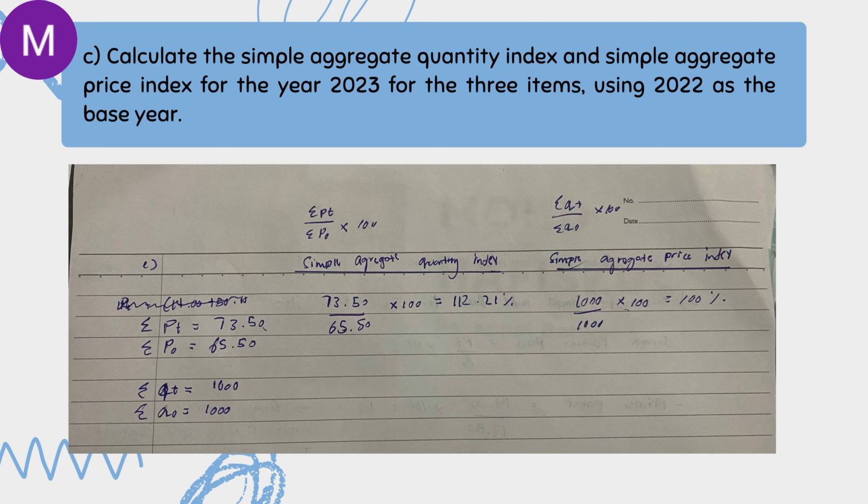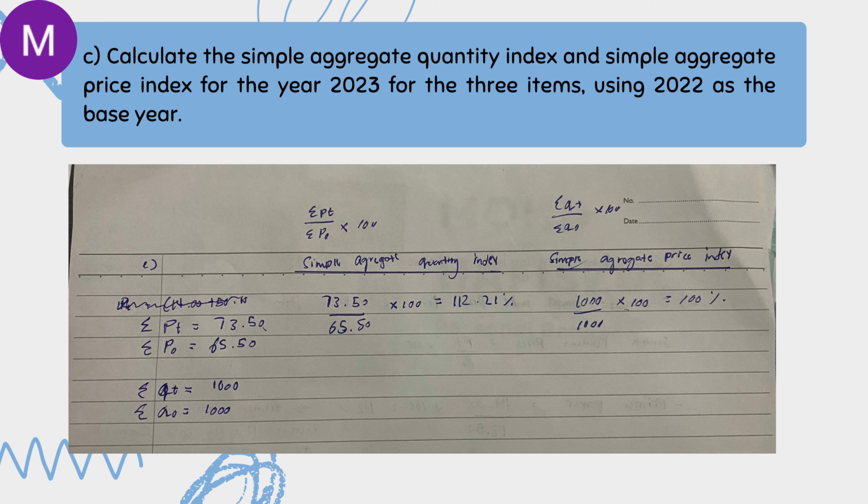Question C. Calculate the simple aggregate quantity index and simple aggregate price index for the year 2023 for the three items using 2022 as the base year. To calculate the simple aggregate price index, we need to total up all three item prices for 2023 and total all the prices of the three items in 2022.